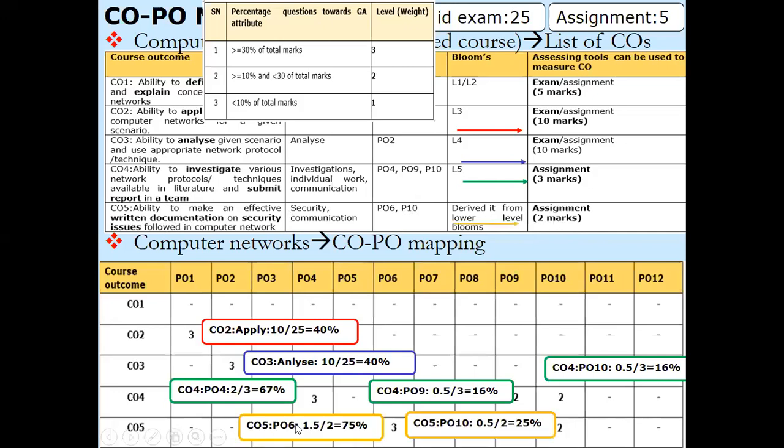Towards PO6 you have allocated 1.5 marks. 1.5 divided by 2 is 75%, so the weight should be 3. With respect to PO10, you have allocated 0.5 marks. 0.5 divided by 2 is 25%, so it should be 2. I already told that CO1 is not mapped with any PO, so there is no mapping here.